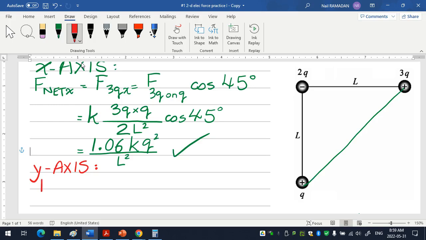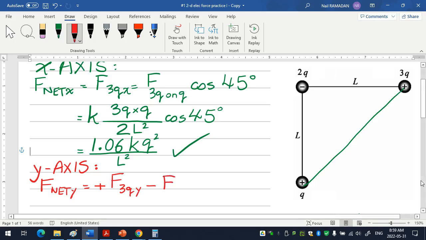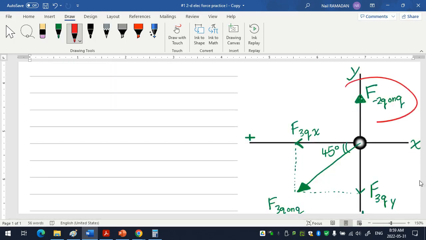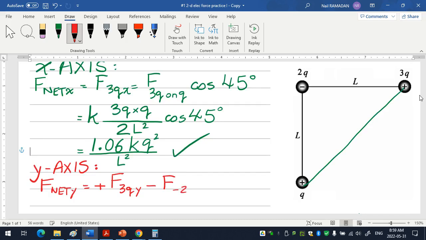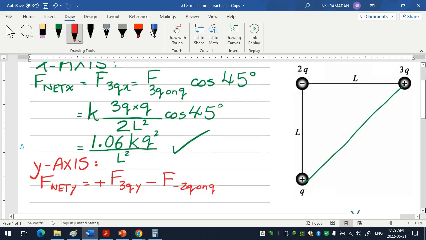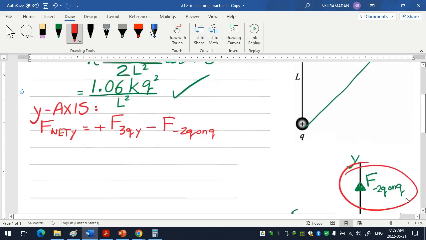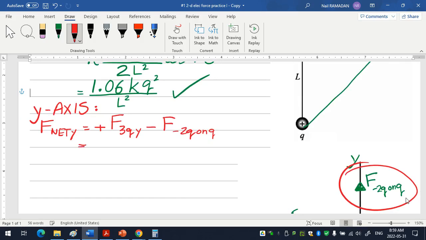So F net on the y equals positive F3QY minus F what? This guy. Yes. Equals.